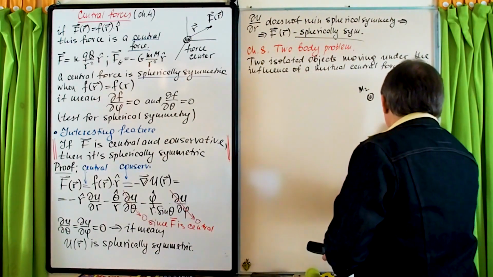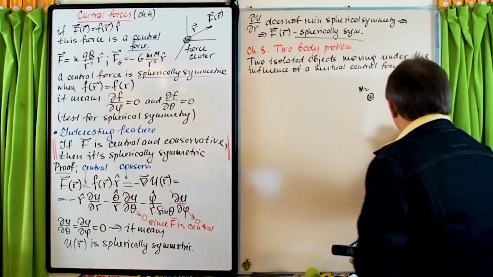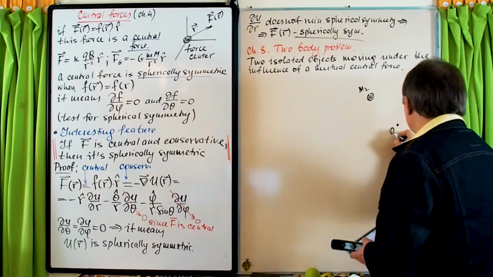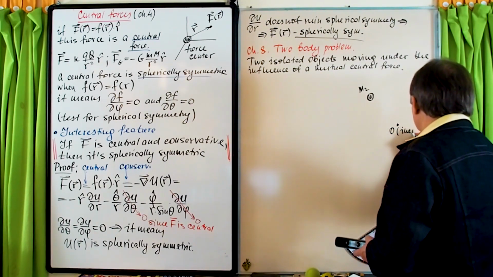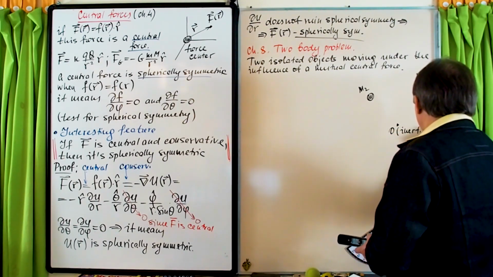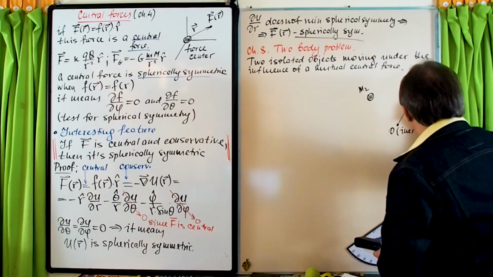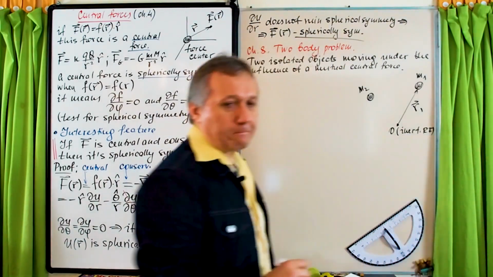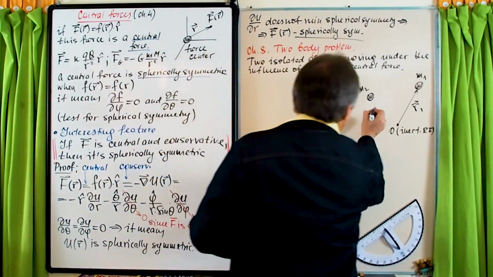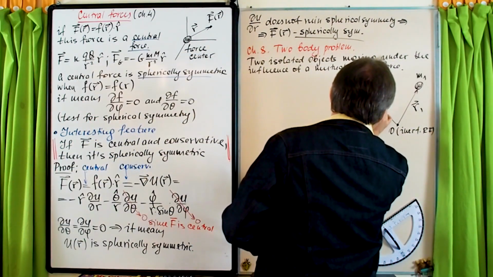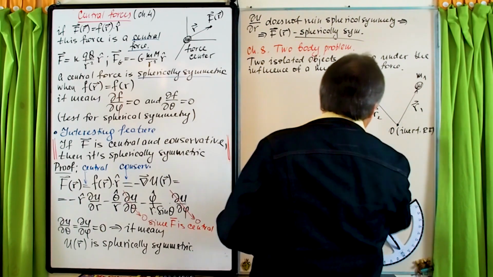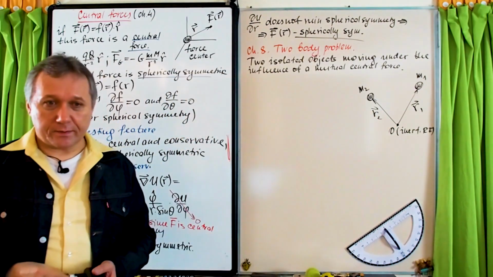So let me position it here. This is the origin, O, and again, I emphasize it's an inertial reference frame. The position of this object is defined by the radius vector R1, and the position of this one by the radius vector R2.